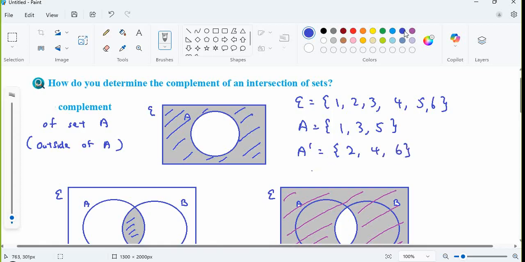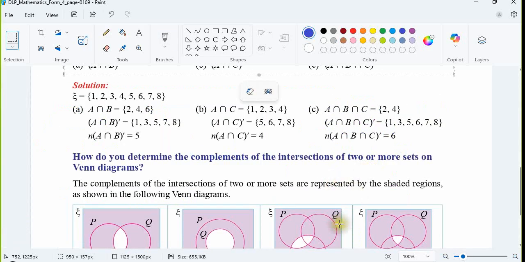So the complement of A is actually the universal set minus the set A. After the minus, the remaining elements will be in the set A prime, the complement.